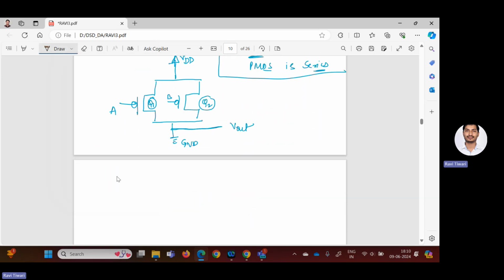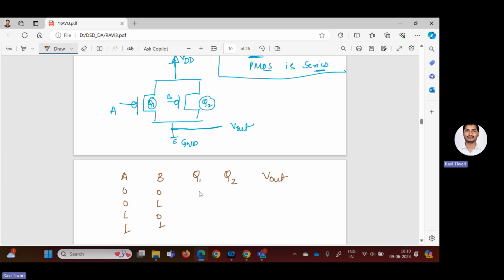Here I am assuming this is my input A, this is my input B, and these are the MOSFETs. So this is Q1, this is Q2, and we will check the Vout. Now, as you know, if you have the two inputs A and B, there will be four possible combinations: 0 0, 0 1, 1 0, 1 1.